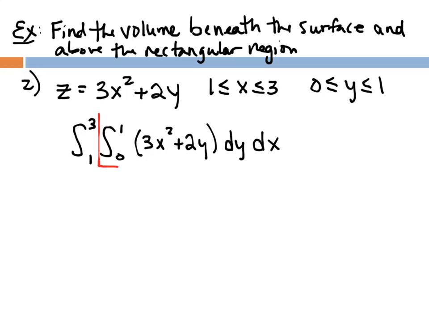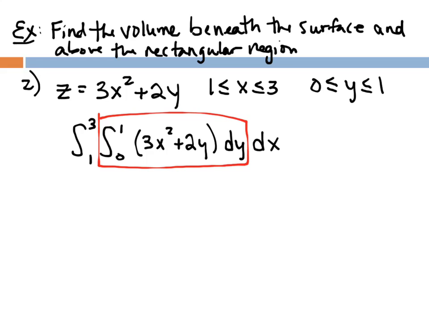So we're going to focus on this piece first. You haven't actually done one of these yet, an integral where you've got two variables. It's not a lot different from differentiation, because since we're working with the variable y, what is x? It's a constant. 3x squared is just a number.